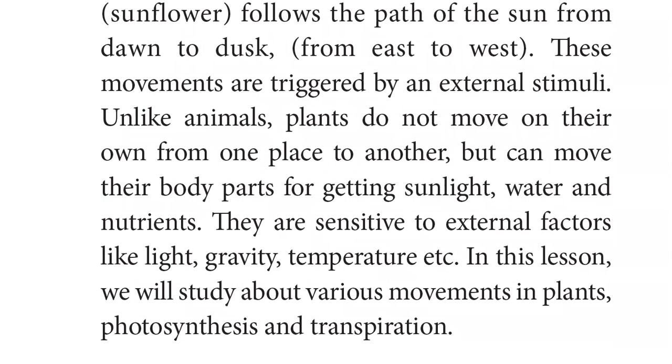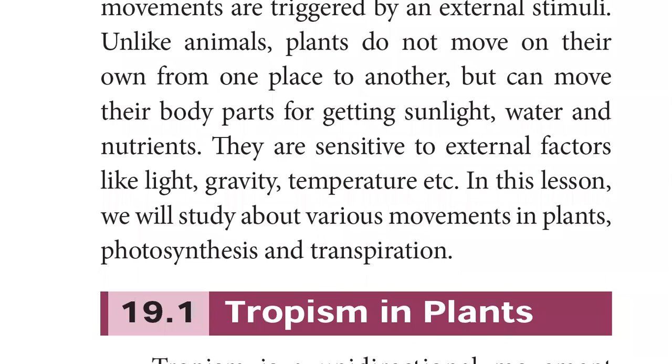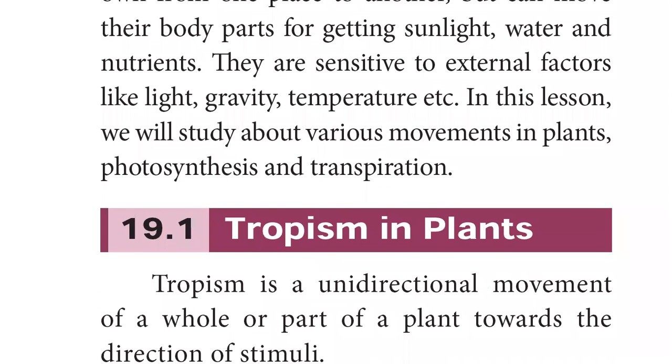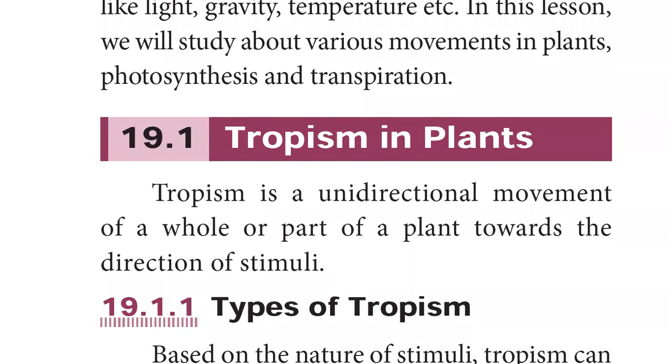In this lesson, we'll study various movements in plants, photosynthesis, and transpiration. The first topic, tropism in plants. Tropism is a unidirectional movement of a whole plant or part of a plant towards the direction of a stimulus.